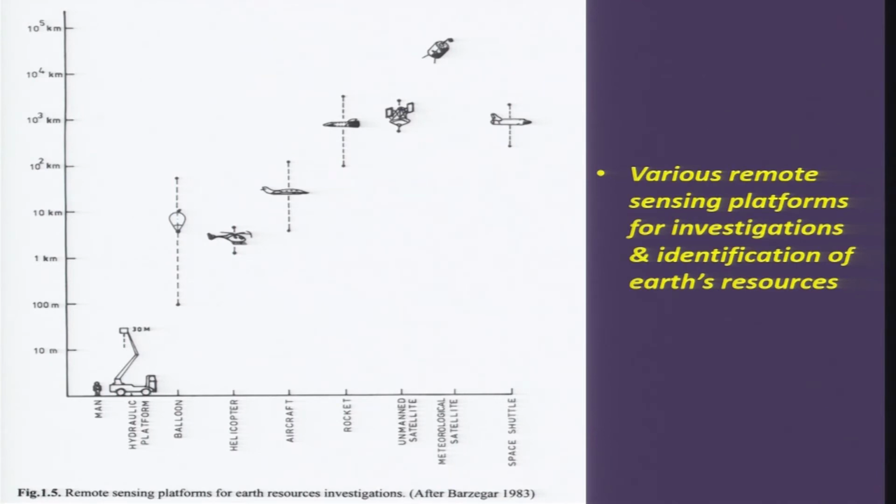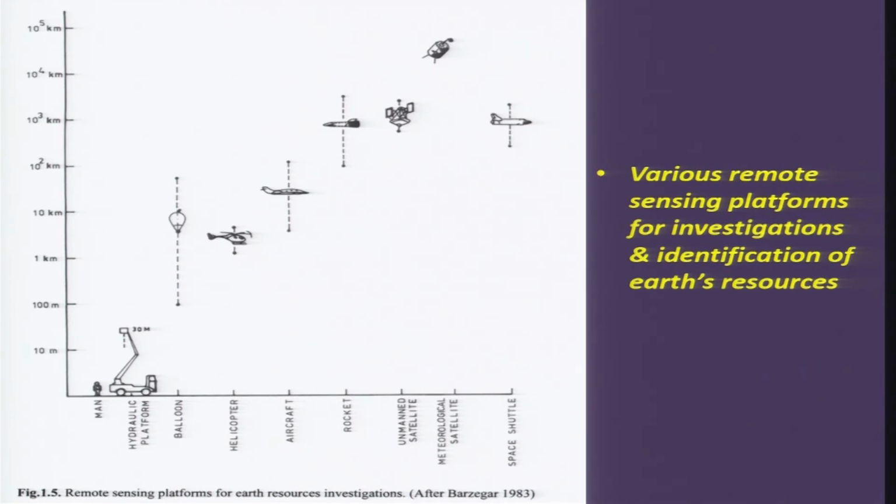Now this type of information which is required can be collected in a lot of ways. The only point is that we should not come into contact with the object or any feature.